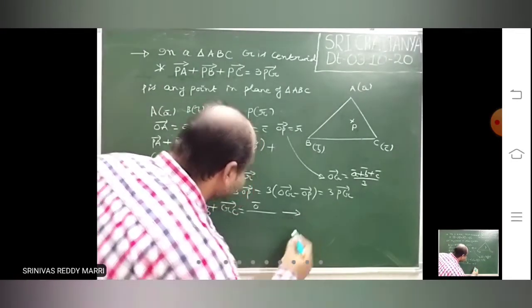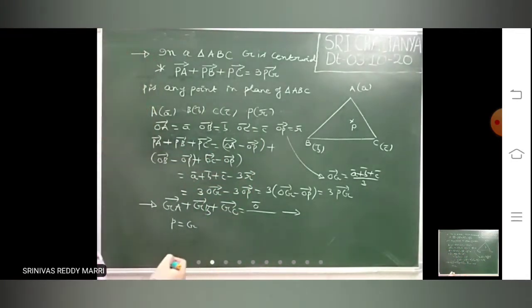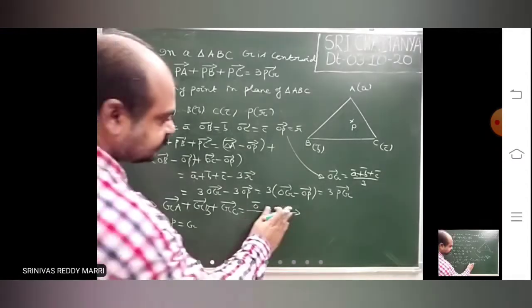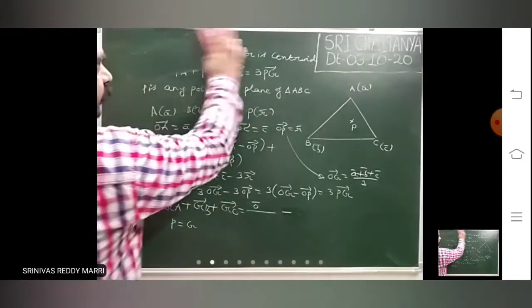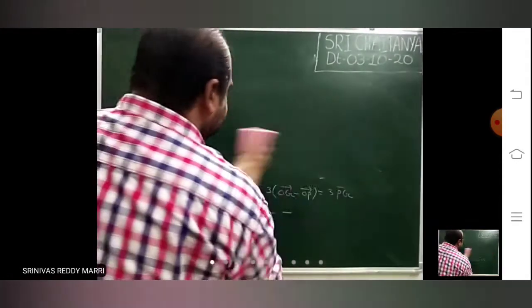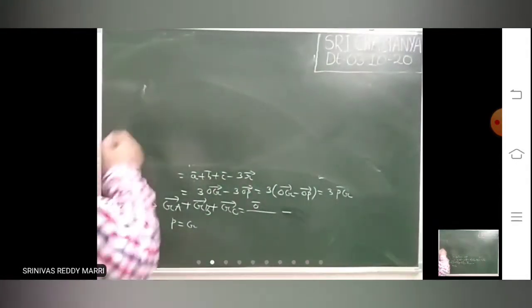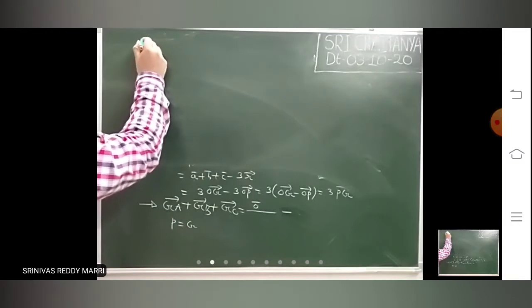So this is a very important property, and a number of problems can be solved from this. Look at triangle ABC, I will give one comprehension.